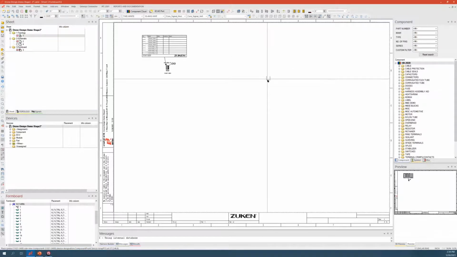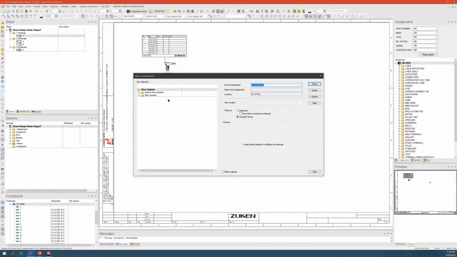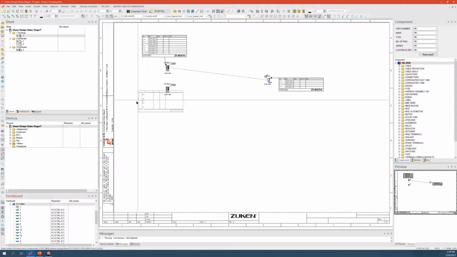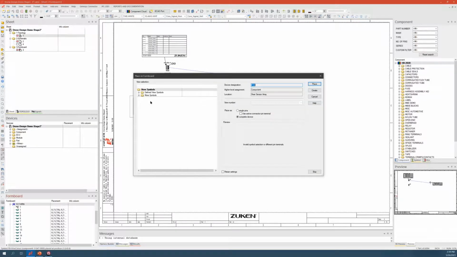Let's place that over there. And we'll take a look at how we can quickly analyze this information and put that together for our manufacturing team to establish the harness.